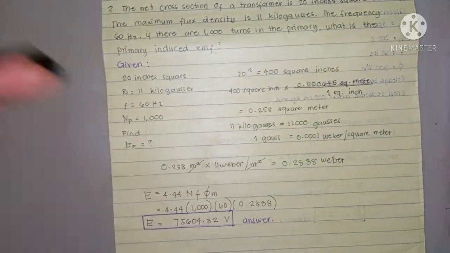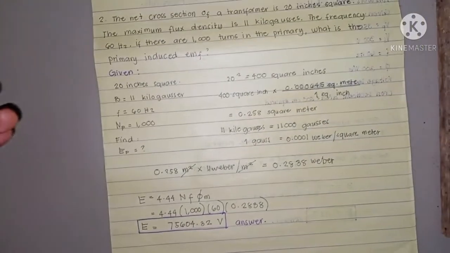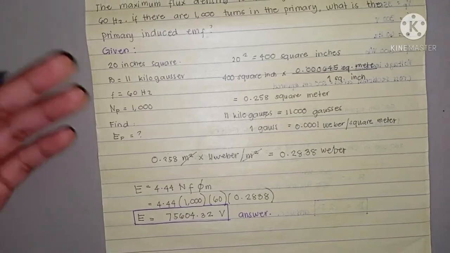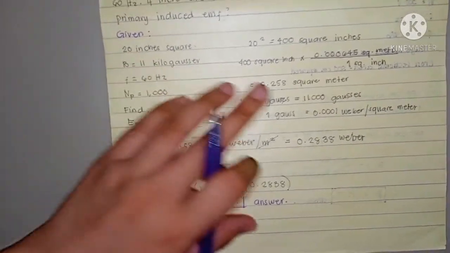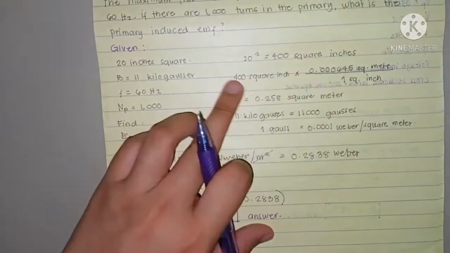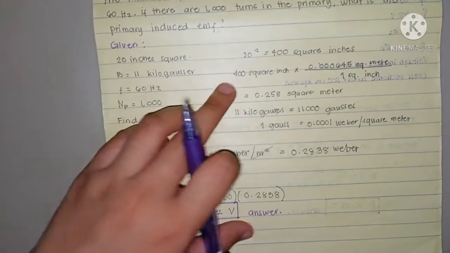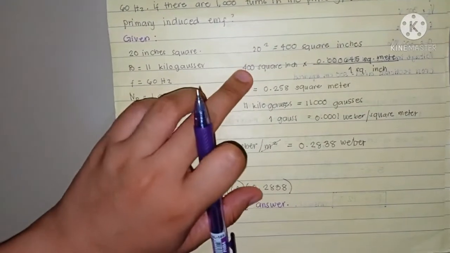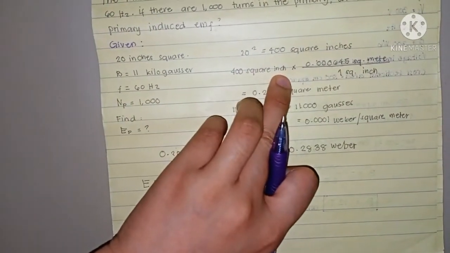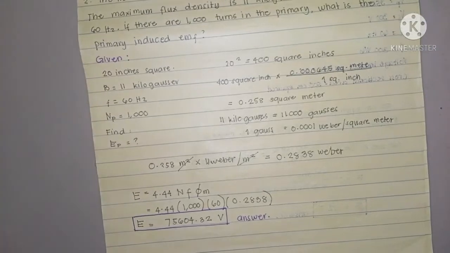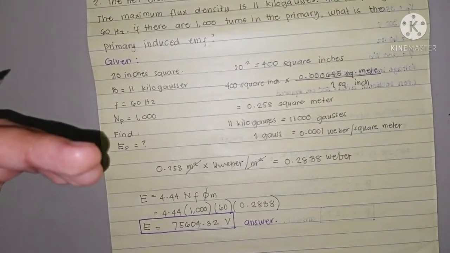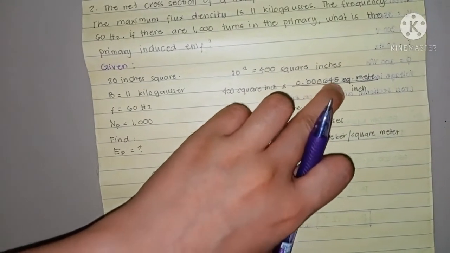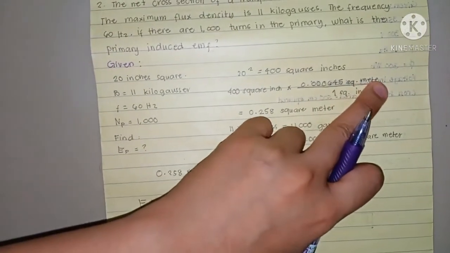So from what I've said, the area should be in square meters. Since we already have square inches, we have to convert it. So we have 400 square inches. By the way, 1 square inch is equal to 0.000645 square meters.